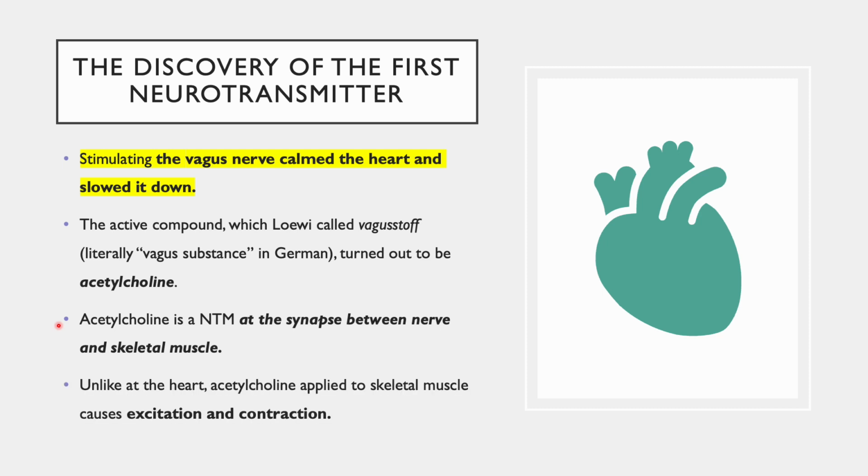And unlike at the heart, if acetylcholine's released at the skeletal muscle, it can actually cause excitation and contraction. So acetylcholine can play different roles, and it's very important for maintaining our heart rate and our heartbeat.